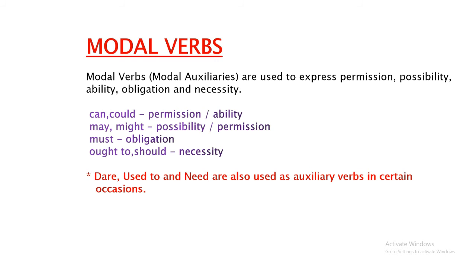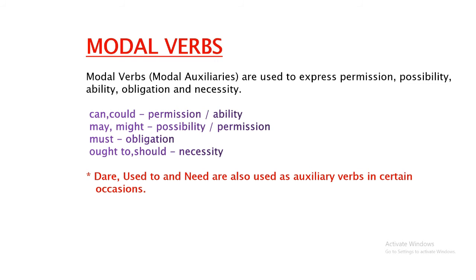Can, could we use to express permission and ability. May, might to show possibility and permission. Must we use to show obligation. Ought to and should we use to show necessity. Dare, used to, and need are also used as auxiliary verbs on some occasions.